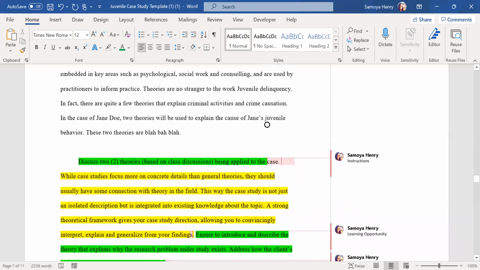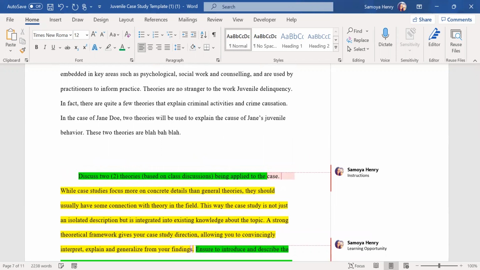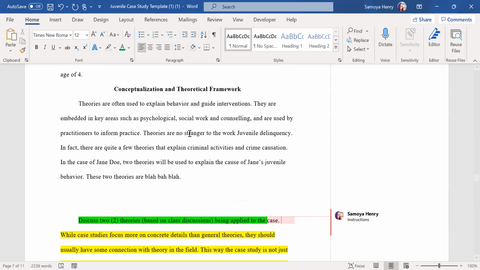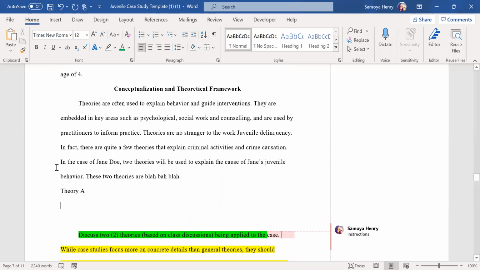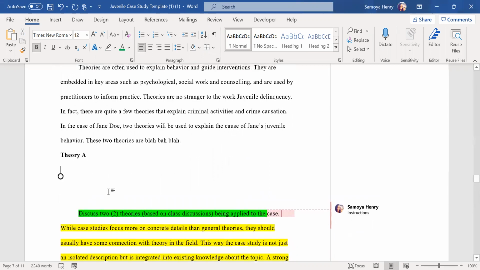And then I can use a level 2 heading, right? Let's call it theory A. I'm going to name what theory A is, and I'm going to explain. Theory A suggests that criminal or delinquent behavior is caused by blah, blah, blah, blah.